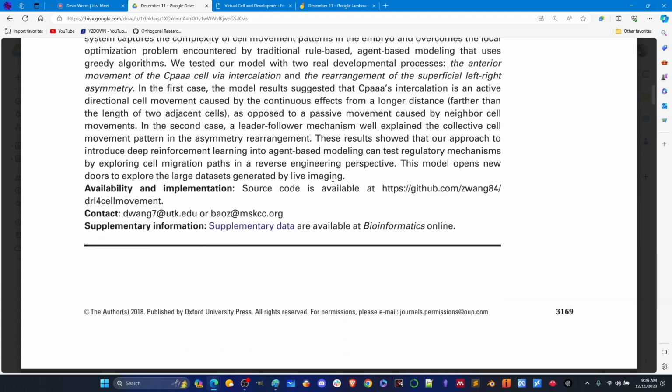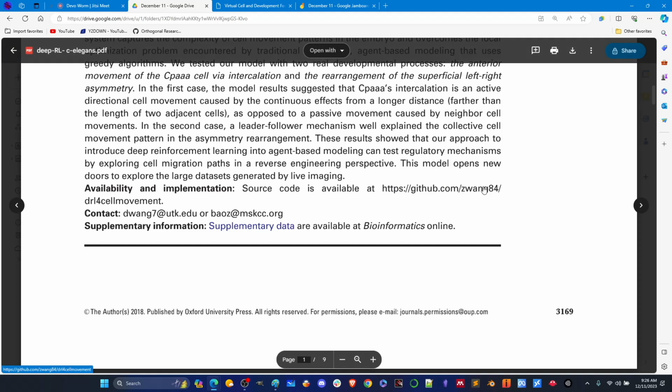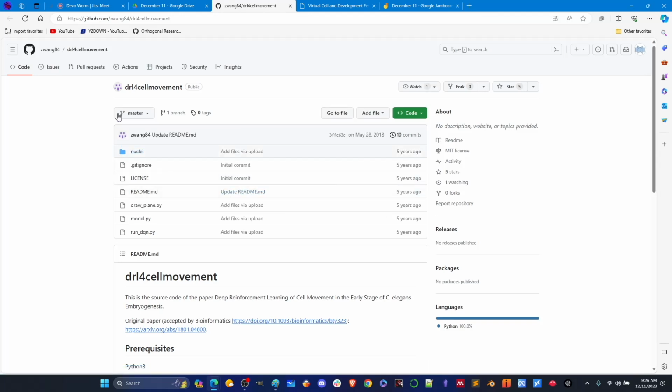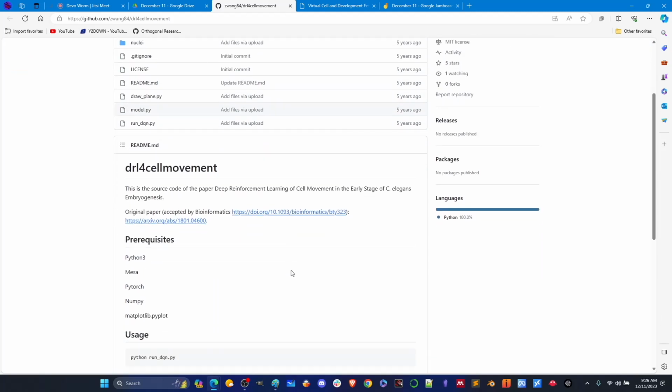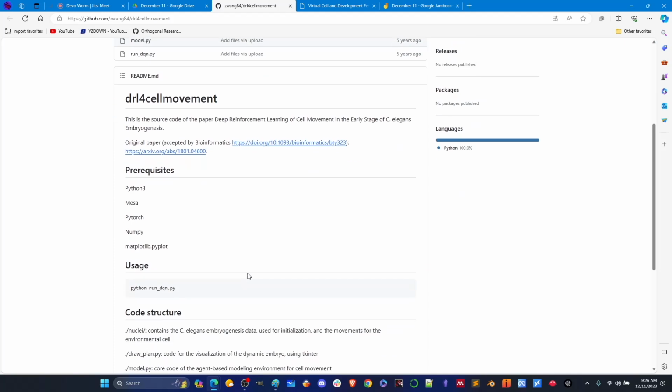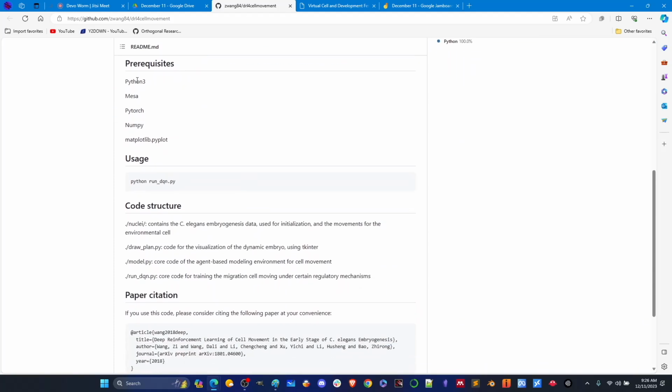So the source code is available here at this GitHub repository. If you look at the GitHub repository, we see that this is DRL for cell movement. It hasn't really been developed that much since, but I think it's supposed to be like a legacy repo. So this is the link to the paper, and it basically tells you how to run it.